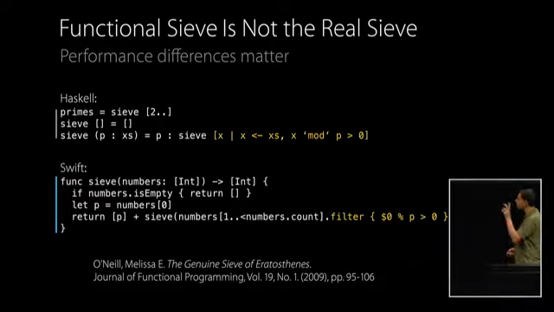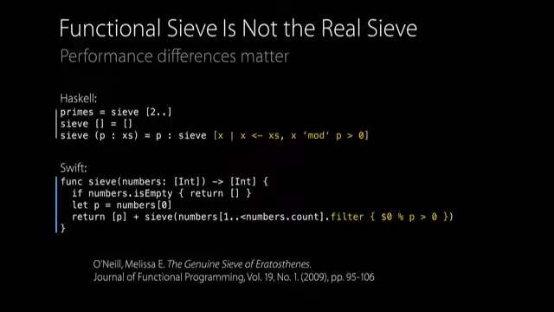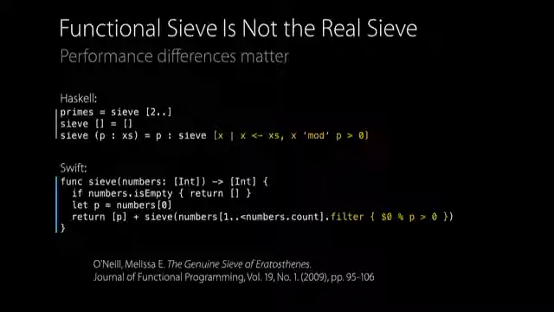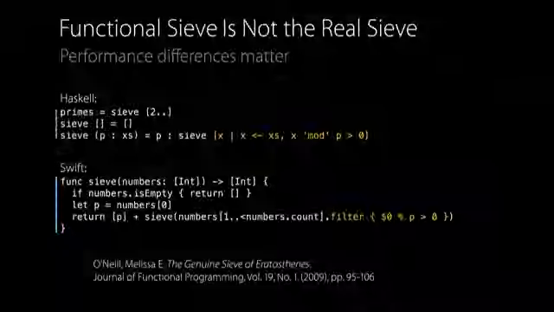So look at either the Haskell list comprehension or the equivalent Swift filter below. In this non-mutating version, this operation is going to walk over every single element in the array and do a division operation to see if it should still be in the next step, to see if it's a multiple of p or not. In the original mutating algorithm, we only walked over the multiples of the prime number.